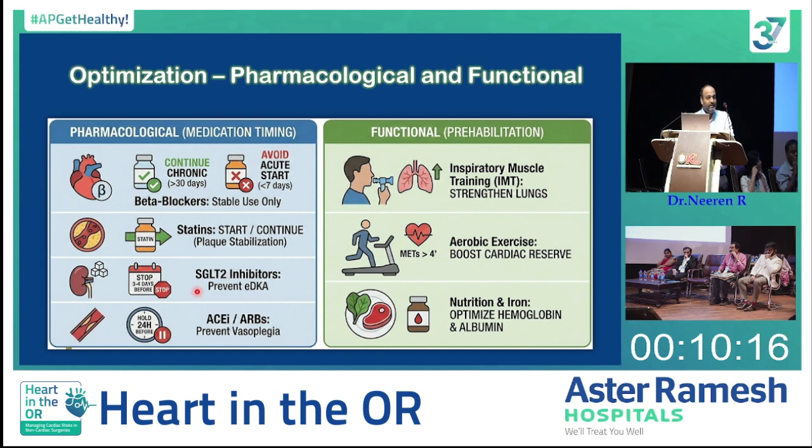So it is always better to stop SGLT2 inhibitors at least 3 to 4 days before an elective surgery. You also need to continue statins and beta blockers, especially when they are used chronically. You should also try to improve the functional status of a cardiac patient whenever you are planning an elective surgery. Try to increase their inspiratory muscle strength, advise aerobic exercise wherever possible, and also optimize their hemoglobin and albumin.